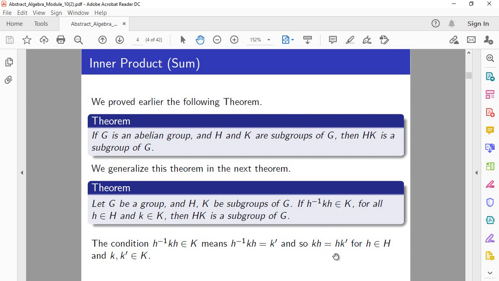You can see by looking at this that this condition is more relaxed than the condition that G is an abelian group. So this is a more general theorem than this.